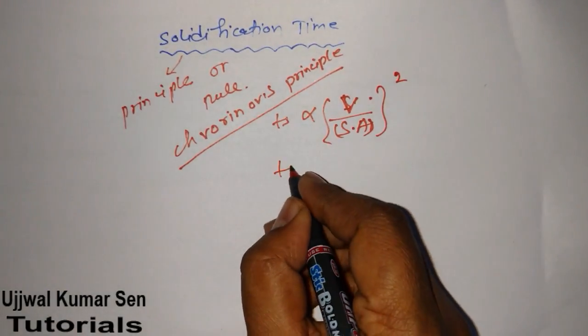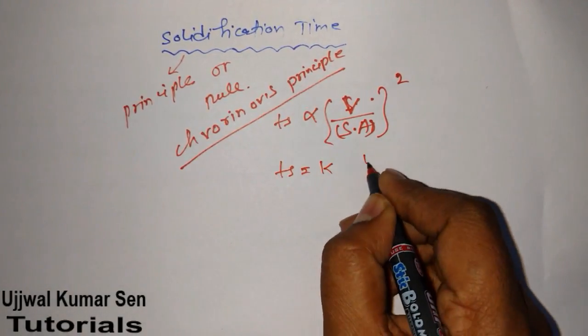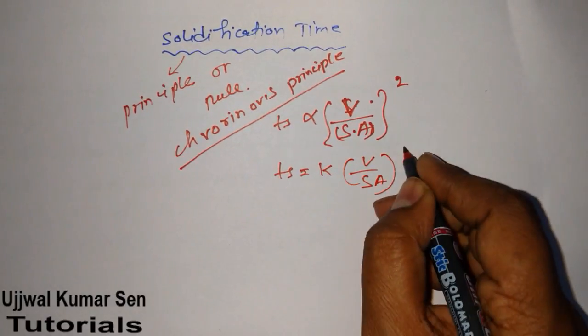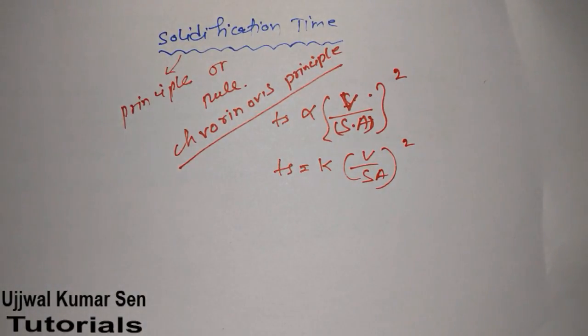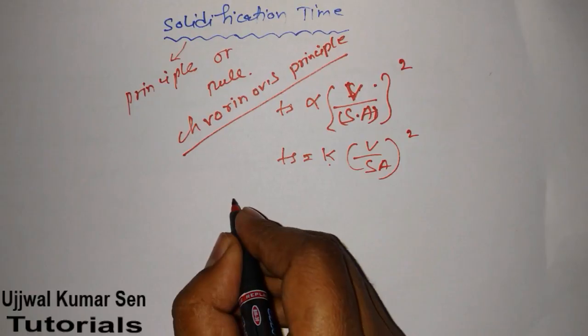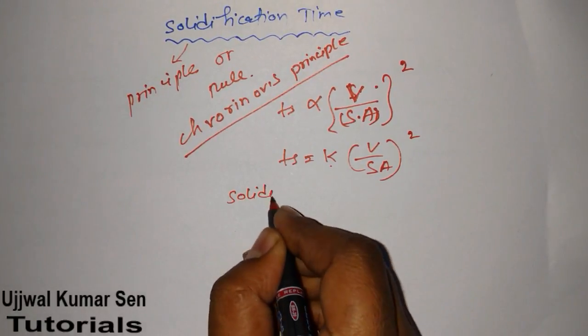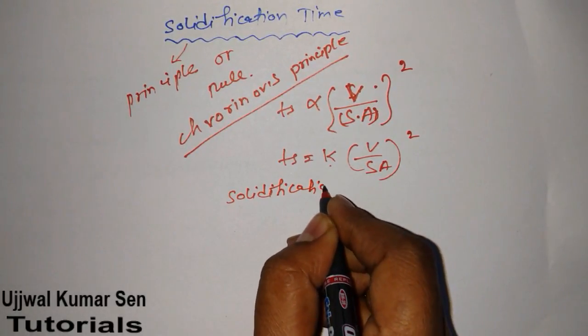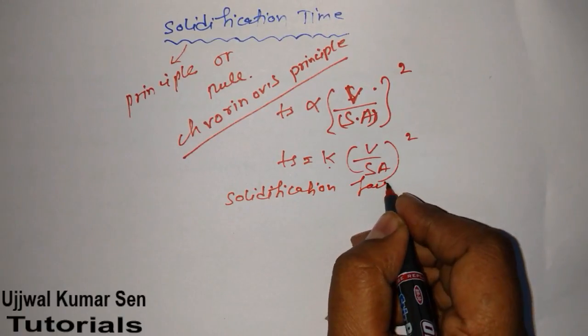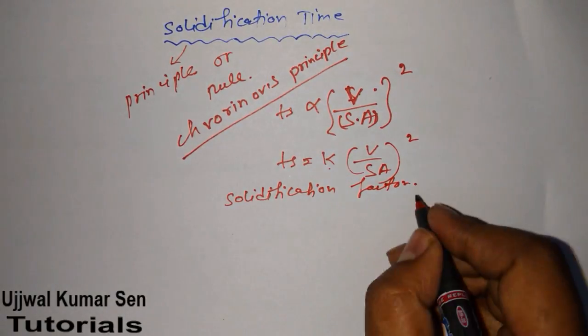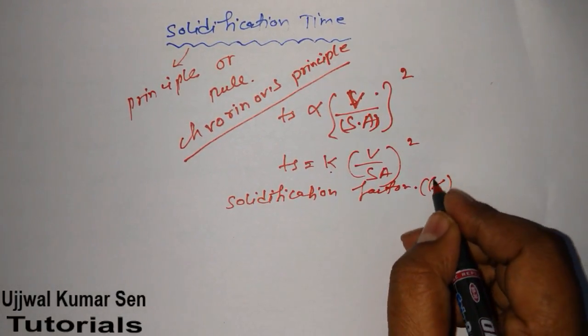We can also write this: Ts is equal to K times (volume by surface area) whole square. This K is known as the solidification factor.